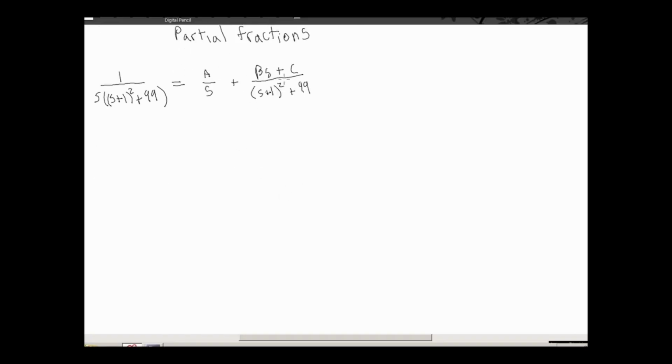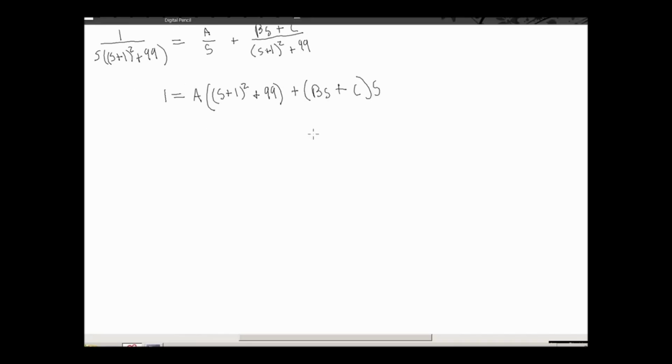So in order for these two things to be equivalent, if we put them over a common denominator, their numerators have to be equivalent. Okay, so I'm just going to do this really quick. But a really easy way to do this is first set s equal to 0.